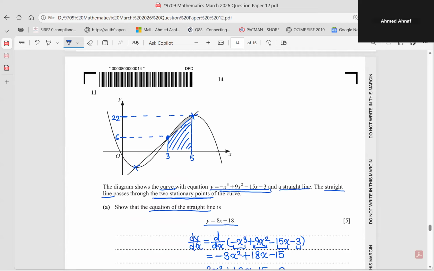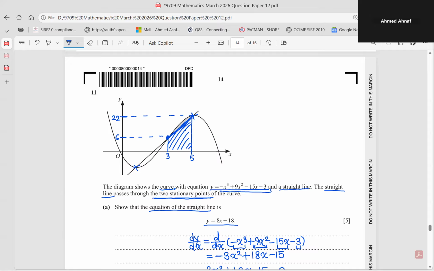And now we're going to need to find the area of the trapezium, which is basically the area below the straight line from 3 to 5, okay? So there's two ways you can do this. Either you just integrate the equation of the straight line and you plug in the limits 5 and 3, or you can find the area of the trapezium, which is what I'm going to do.